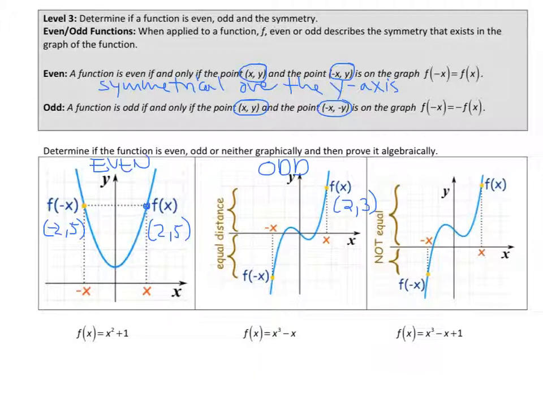The point negative 2, negative 3 must also be on the graph, which it is. So for any point on the graph, you must also find the opposite x and the opposite y as a point as well. And in terms of symmetry, an odd function is symmetrical about the origin.